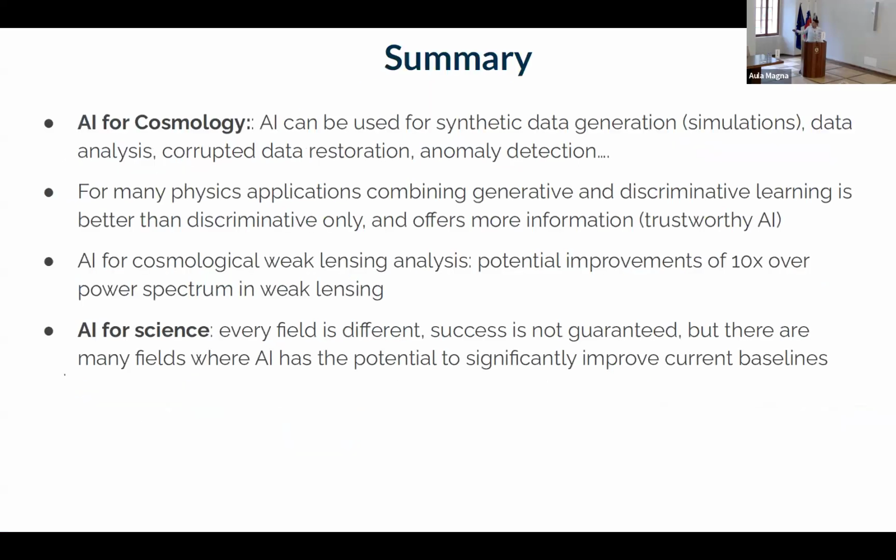Okay, so my summary, in terms of AI for cosmology, is that we can do three tasks that I emphasized: simulating new data, anomaly detection, and statistical inference. I want to emphasize that generative learning, especially if you have this density estimator P of X given Y, does give you more information.